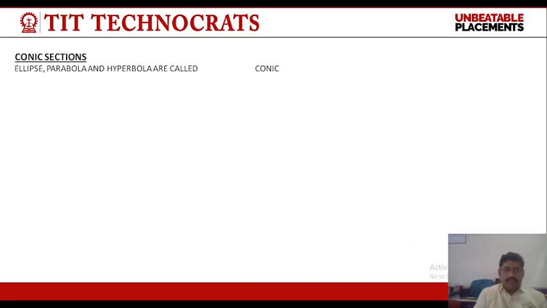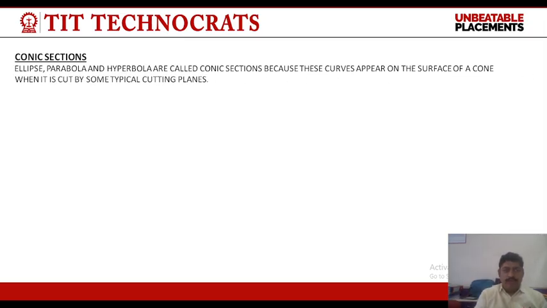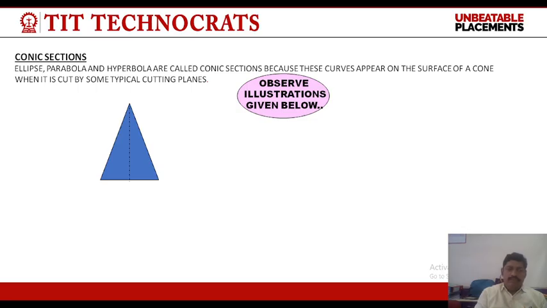Ellipse, parabola and hyperbola are called conic sections because these curves appear on the surface of a cone when it is cut by some typical cutting planes. This is the cone, and this line is the center line which moves from the apex to the base.